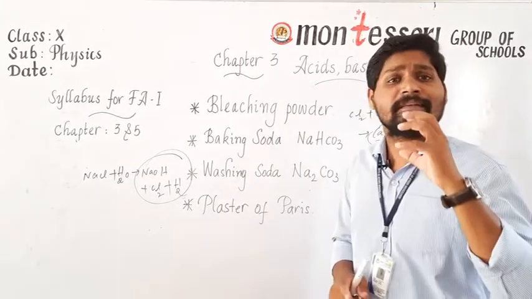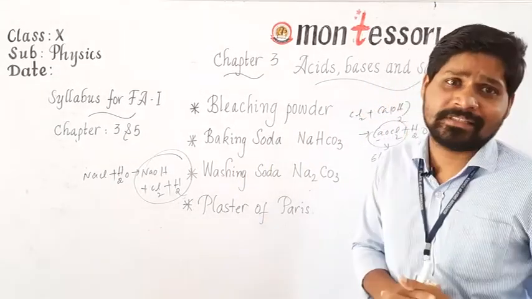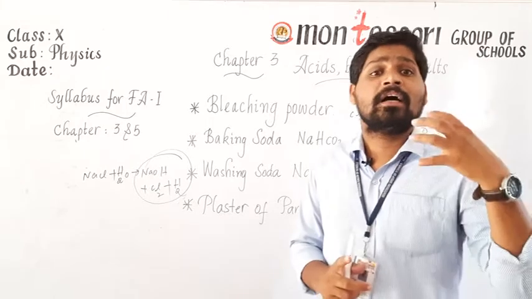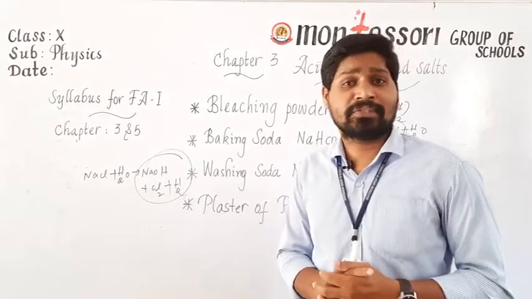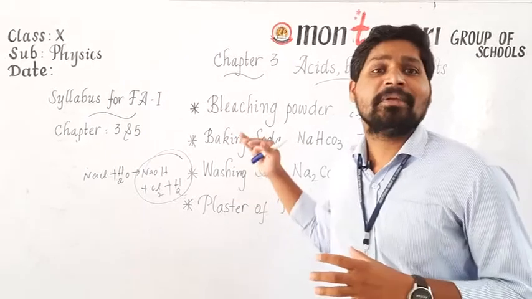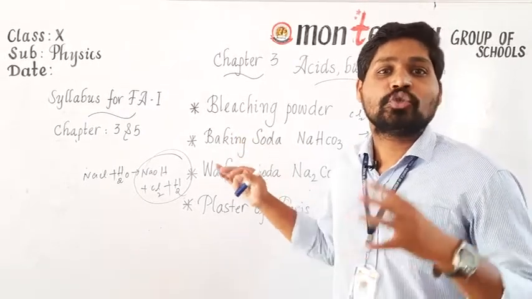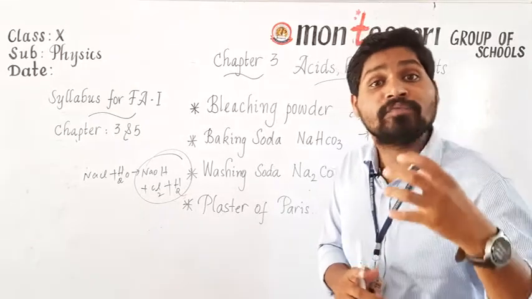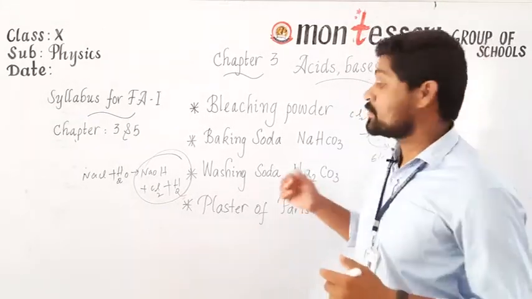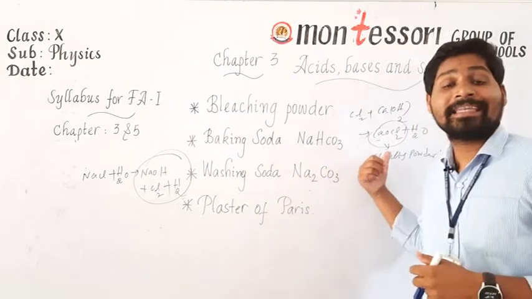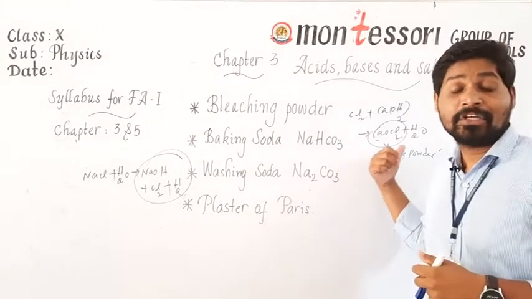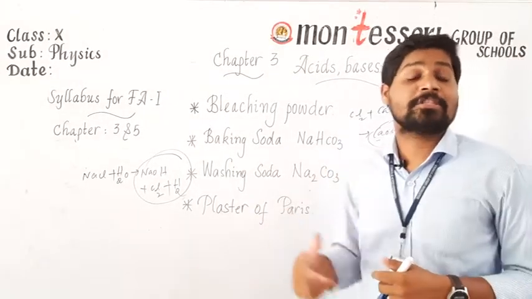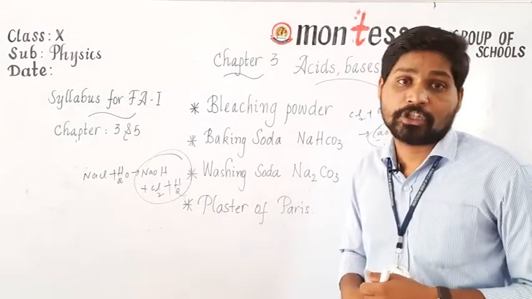The next and most important one is, especially in the rainy season, we use this bleaching powder everywhere to make drinking water free of germs, because bleaching powder can kill the germs or bacteria present in drinking water.